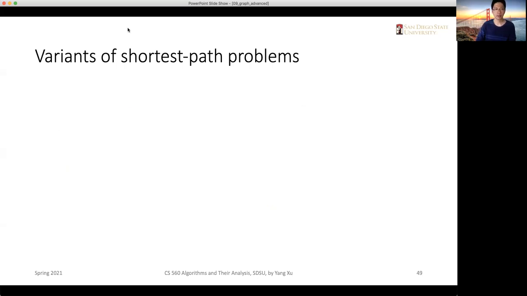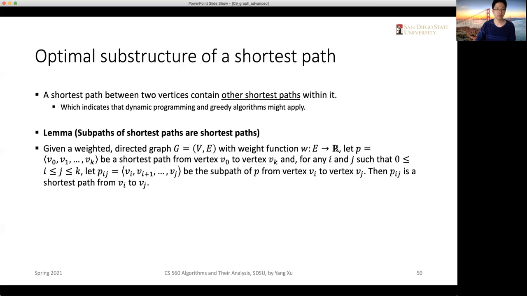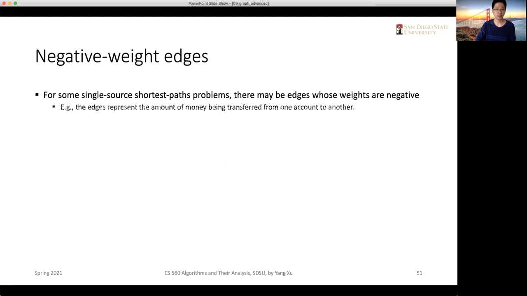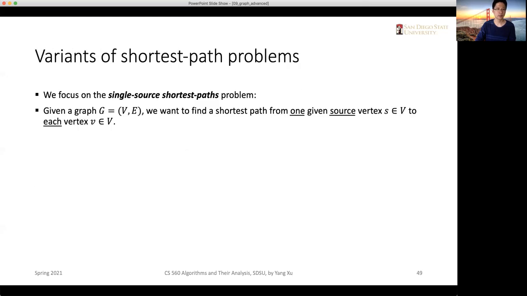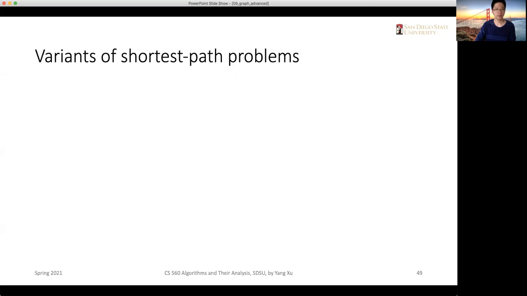Before we introduce the problem for the next Thursday, I think we can finish these couple of slides. All right. So there are several variants of the shortest path problems.